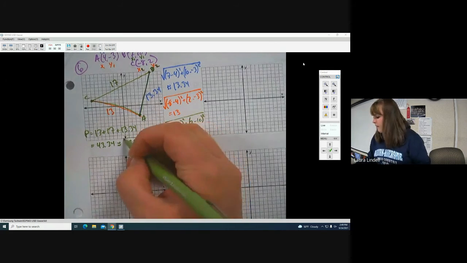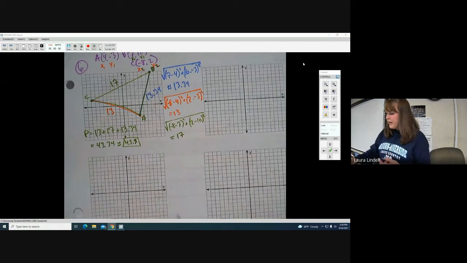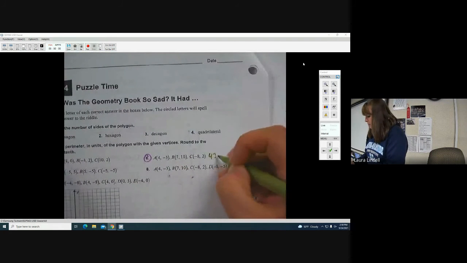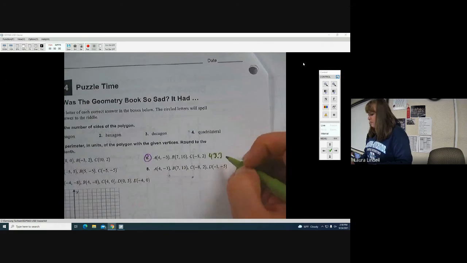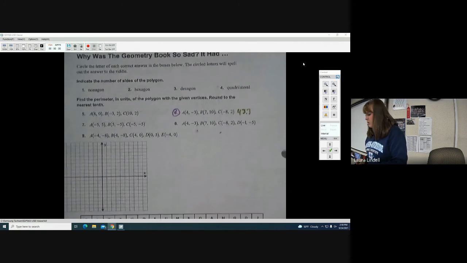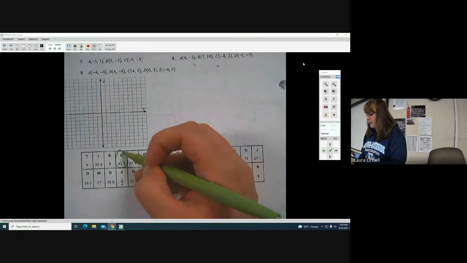So when you get to the very end, round to the nearest tenth. All right. So on the other side of the sheet right here, we should put 43.3 was our answer to number 6. And then since this is a puzzle time, we can go down. We're supposed to circle the letter with the correct answer in that box. So in this case, we'd circle O.